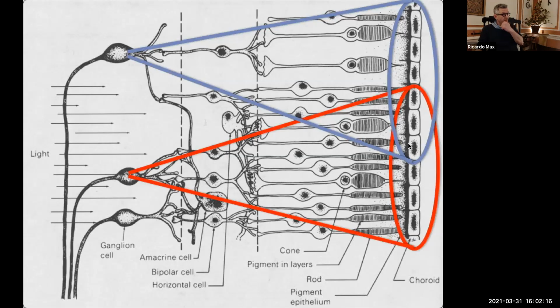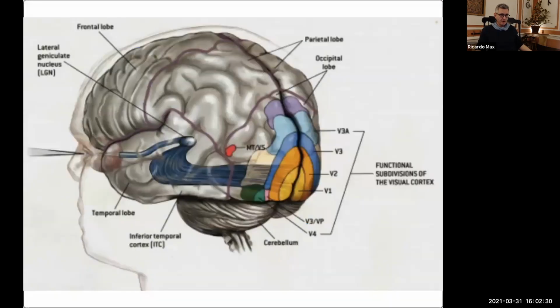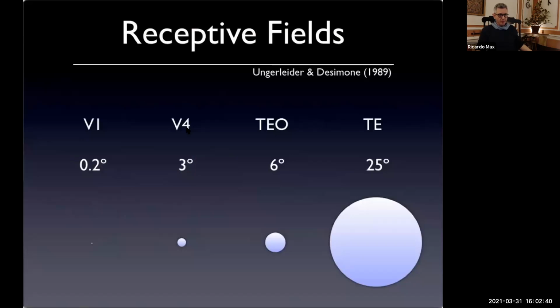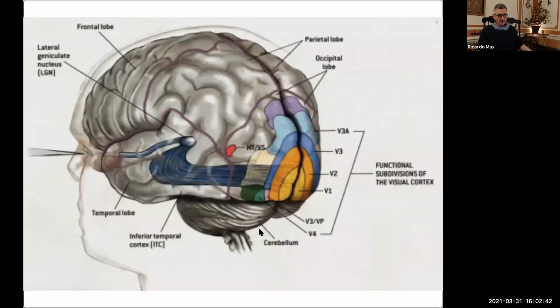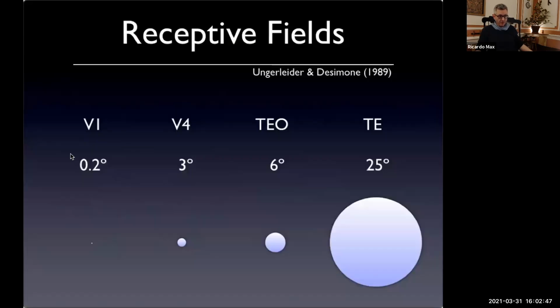So the further away from the retina, the larger the receptive field, and receptive fields have shared areas, they overlap. In V1, V4, these little areas here, we still have very small receptive fields, so high resolution.